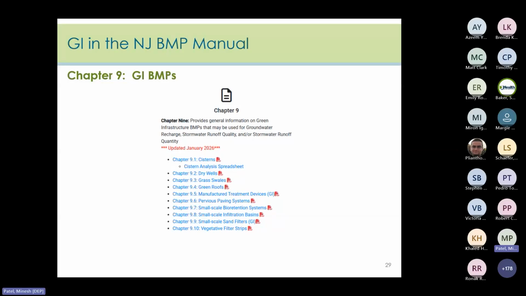And not all MTDs are considered GI, but the ones that are considered are included here in Chapter 9. These MTDs have a vegetative or soil component that meet the GI definition. And lastly, these small-scale systems listed here have a limited drainage area that they can treat compared to other BMPs.